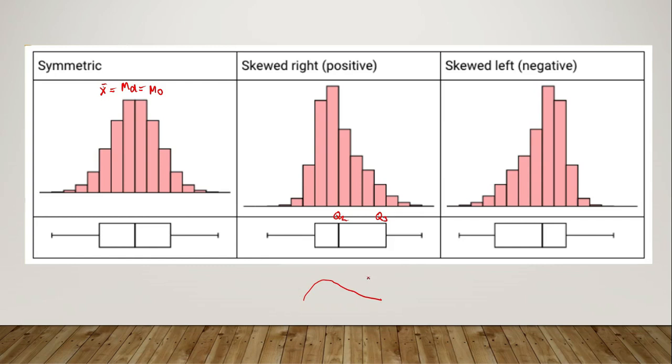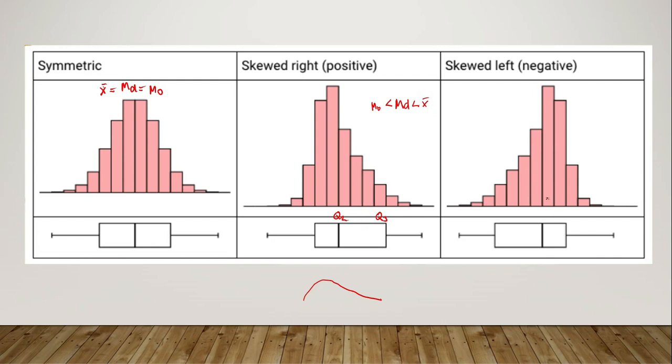Skewed to the right. If you have this kind of distribution, the median is greater than the mode, but less than the mean. So that's it. Positively skewed to the right.